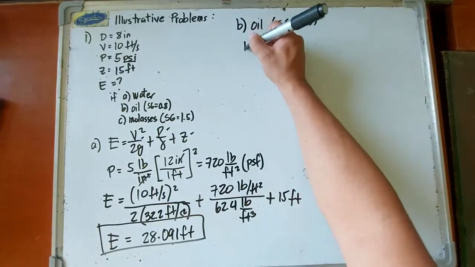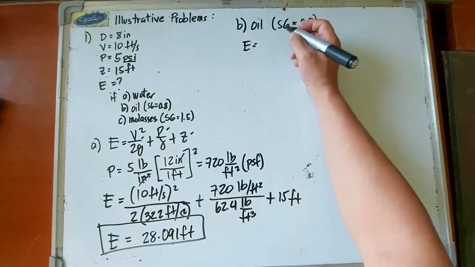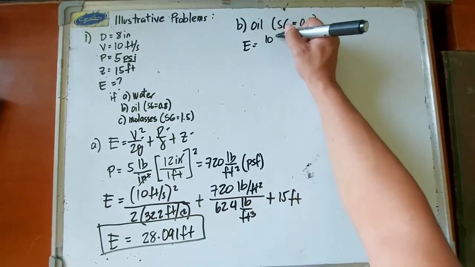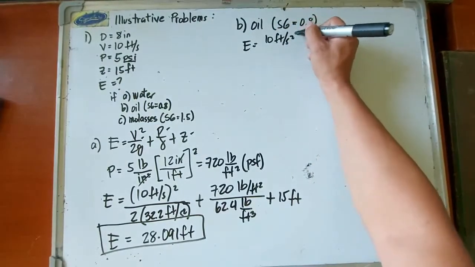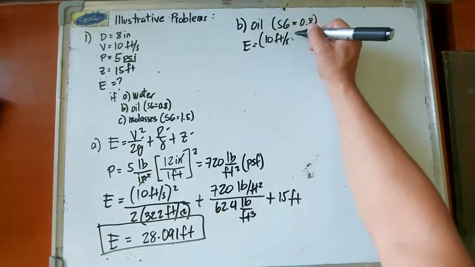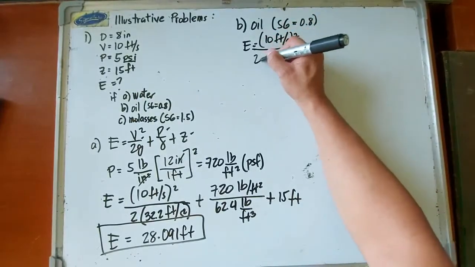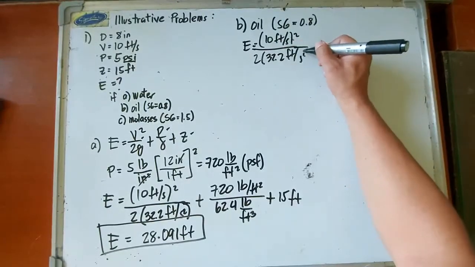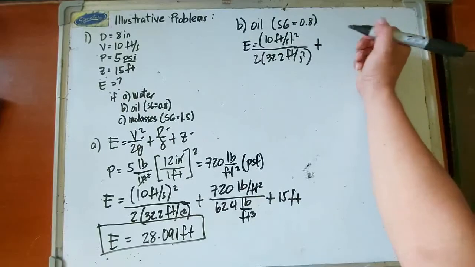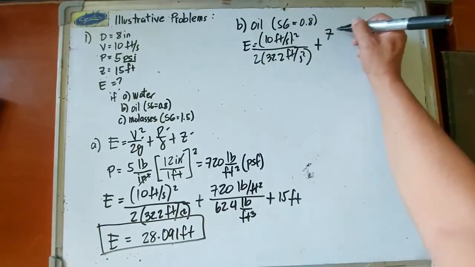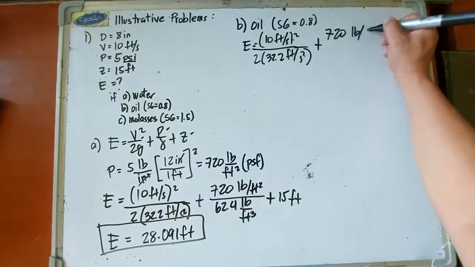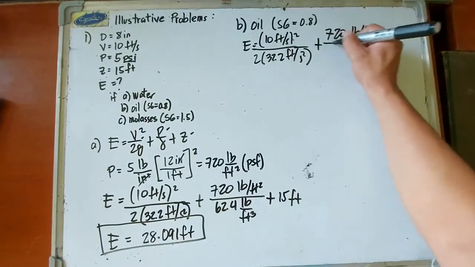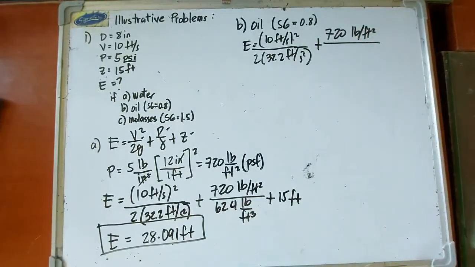So the energy is equivalent to 10 feet per second squared, squared, divided by 2 times gravity, plus we have 720 pounds per square foot divided by what would be the equivalent unit weight of oil, no?